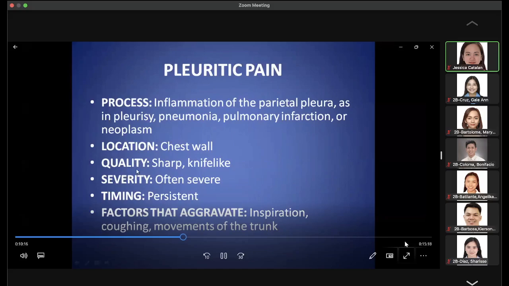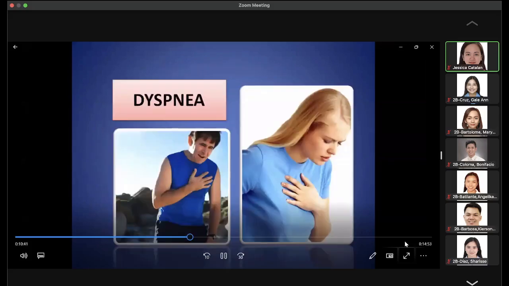Patients may complain of a sharp, knife-like pleuritic pain that is persistent and often severe during episodes. Factors that aggravate are inspiration, coughing, and movements of the trunk. All right, so that's pleuritic pain.